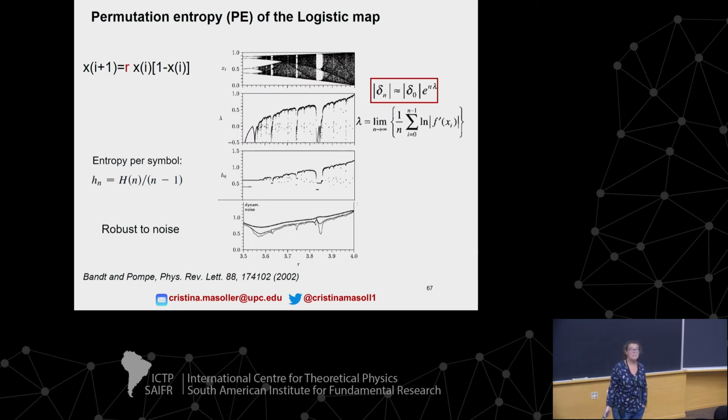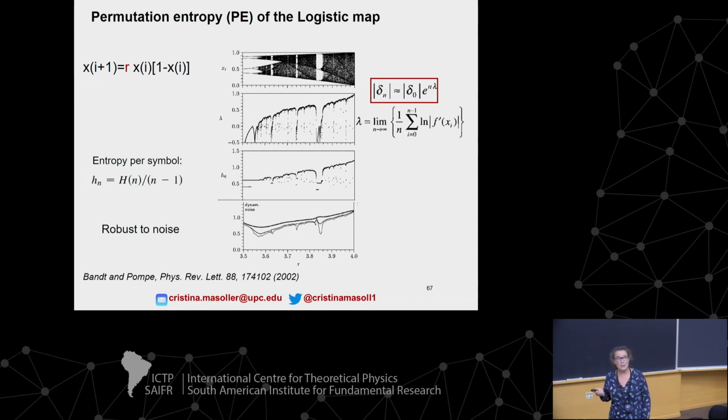Let me give you an example of what you should see if you use the logistic map. Here is the entropy per number of symbols, and they have used 6 symbols. You can see that basically it behaves similar to the Lyapunov exponent.